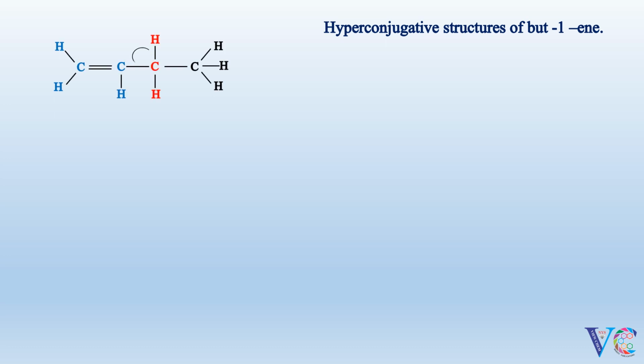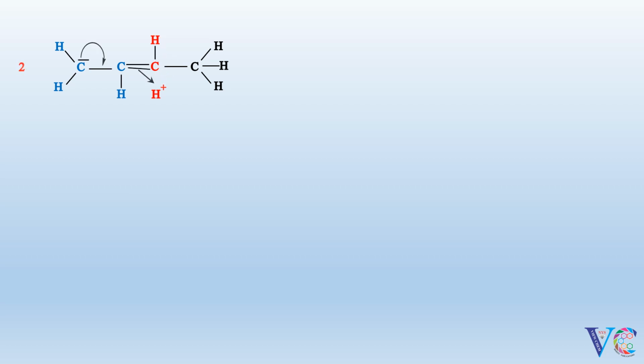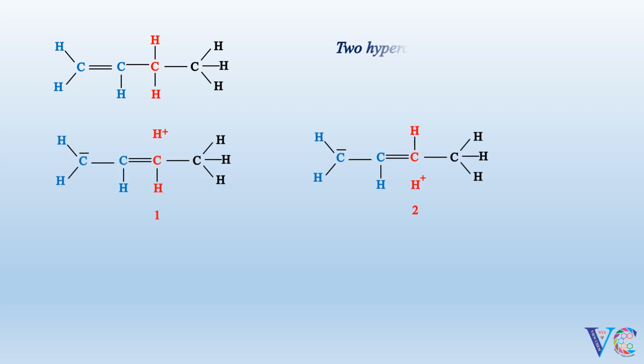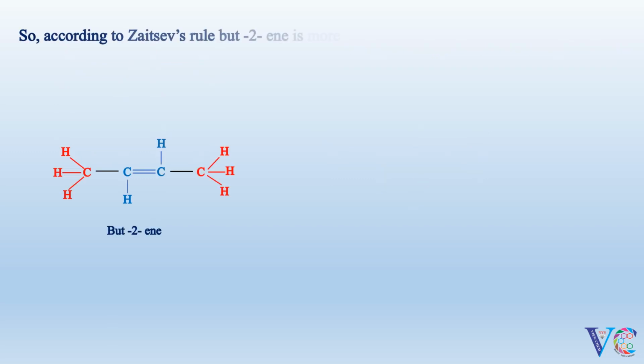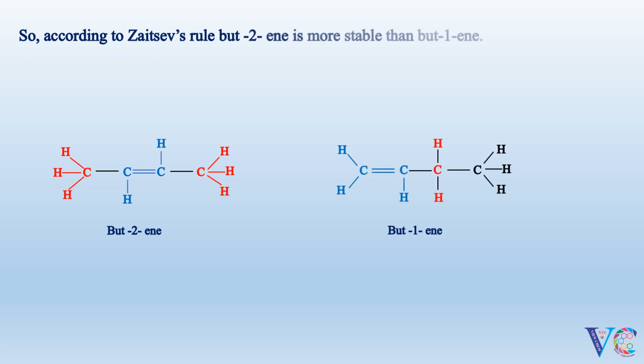Hyperconjugative structures of but-1-ene. Two hyperconjugative structures of but-1-ene. So, according to Zaitsev's rule, but-2-ene is more stable than but-1-ene.